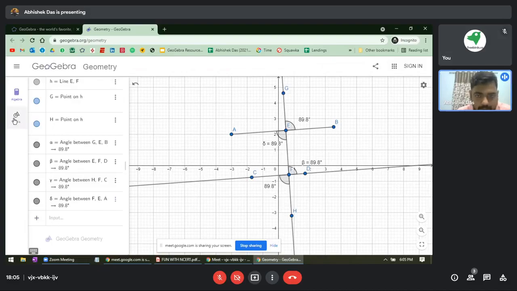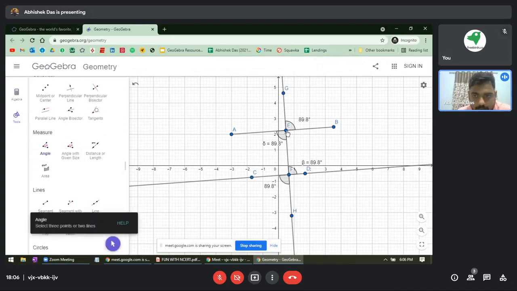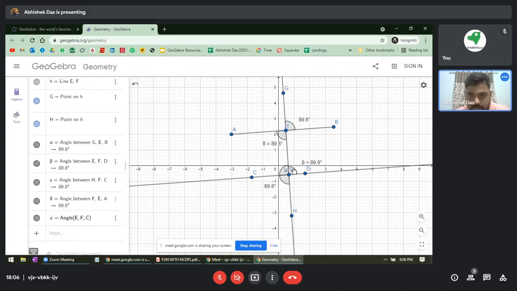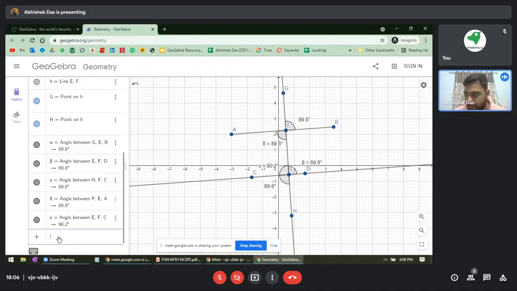Now let me also look at another theorem. Let's figure out the angle EFC. This is equal to 90.2. Let me check out its name. All right, it is epsilon. I hope you can see it. Now, if I add up this delta and epsilon, what will we get?